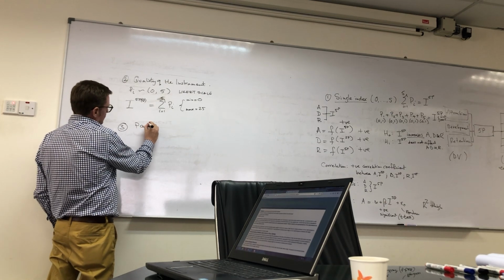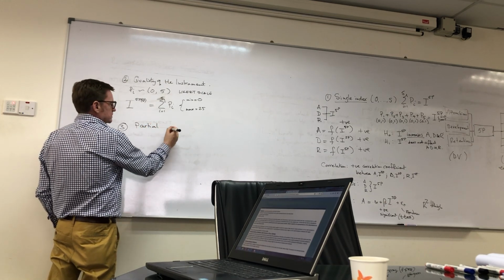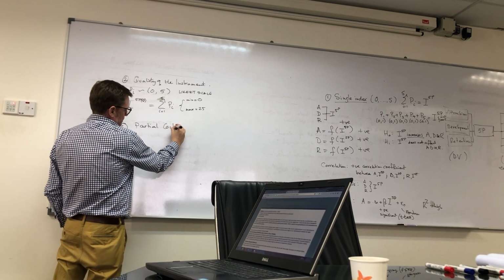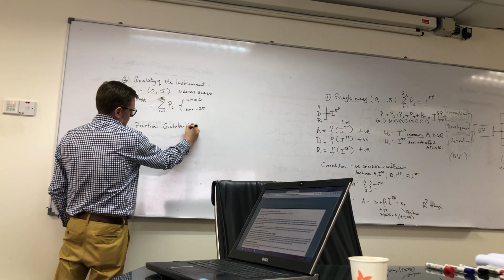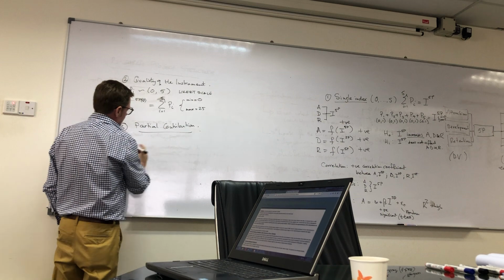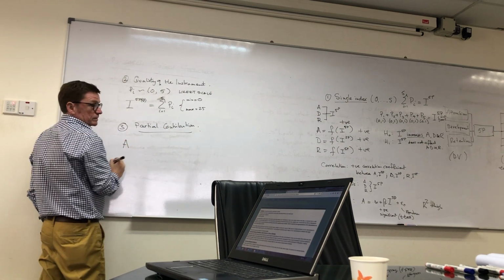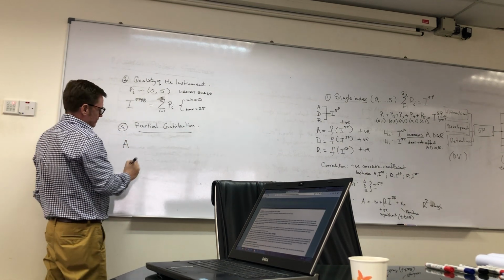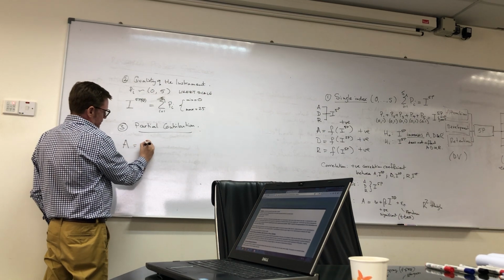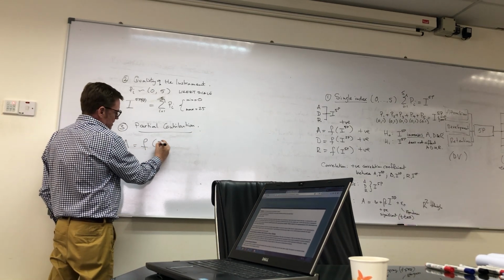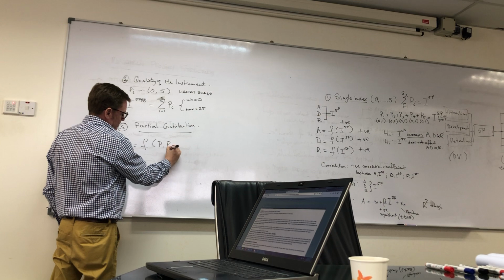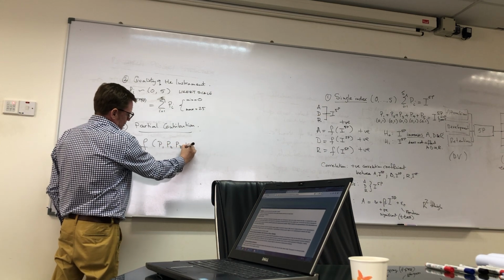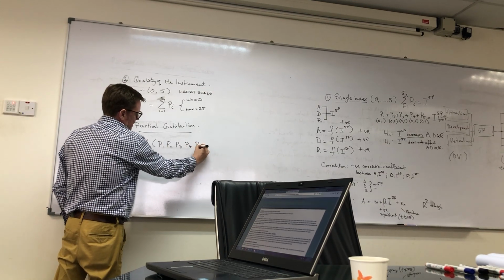The third model is to look at the partial contribution. Okay? And the partial contribution is to say, if I'm measuring attraction, this is a function of P1, P2, P3, P4, and P5.